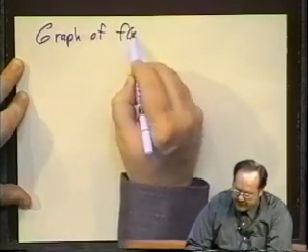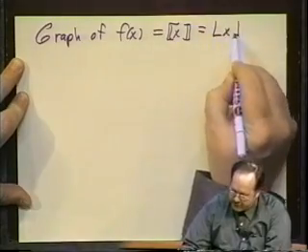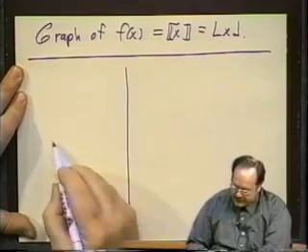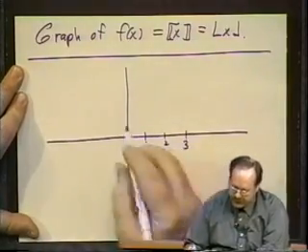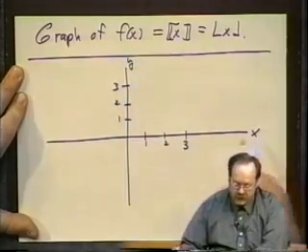Finally, the very last piece of this bit, the graph. The graph of f of x equals the greatest integer function, also known as the floor function. What does it look like? Well, it's a very interesting picture. Let me mark off 1, 2, 3 here, and then on each of the axes, let's go to 3. There's x and y.